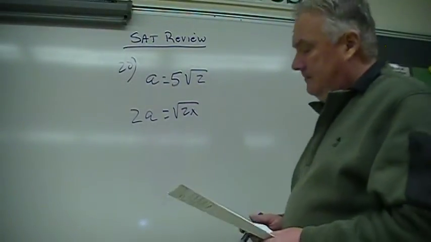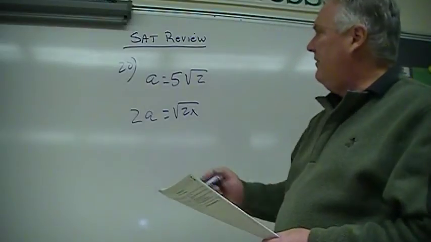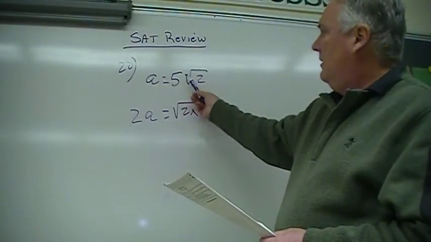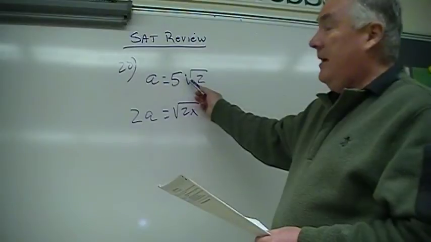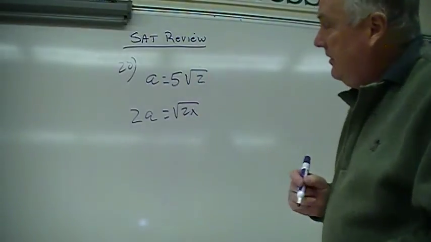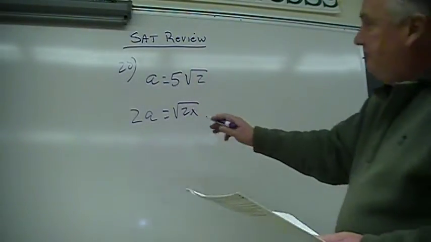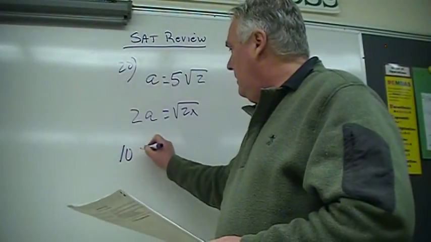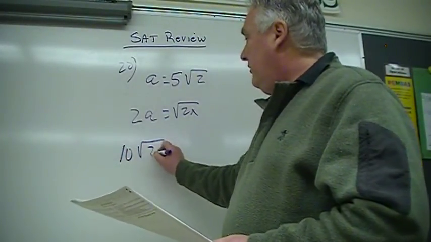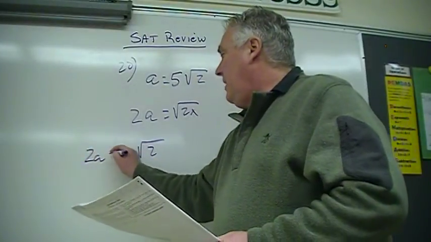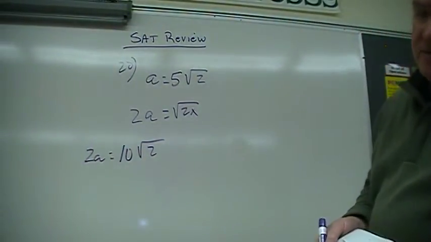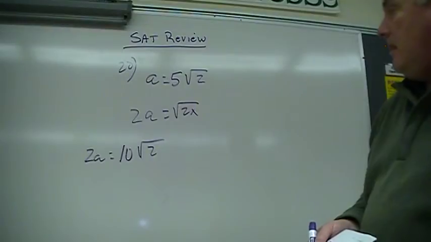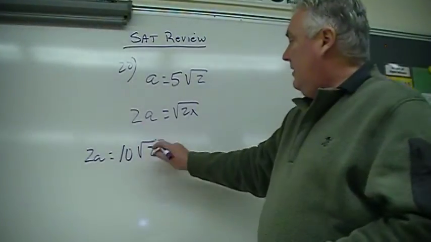Well, let's do something first. a equals this. 2a means double this. I'm not sure if you remember from Algebra 1, when you double this, you will get 10 times the square root of 2. So 2a equals 10 times the square root of 2. So that's going to equal this.